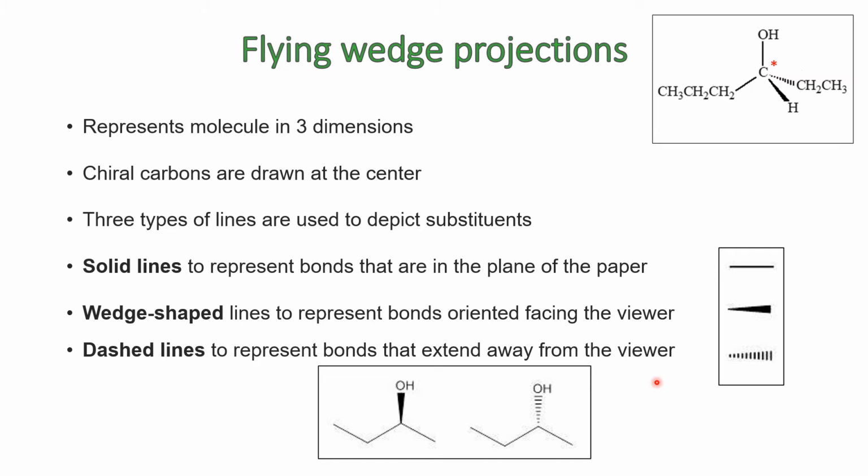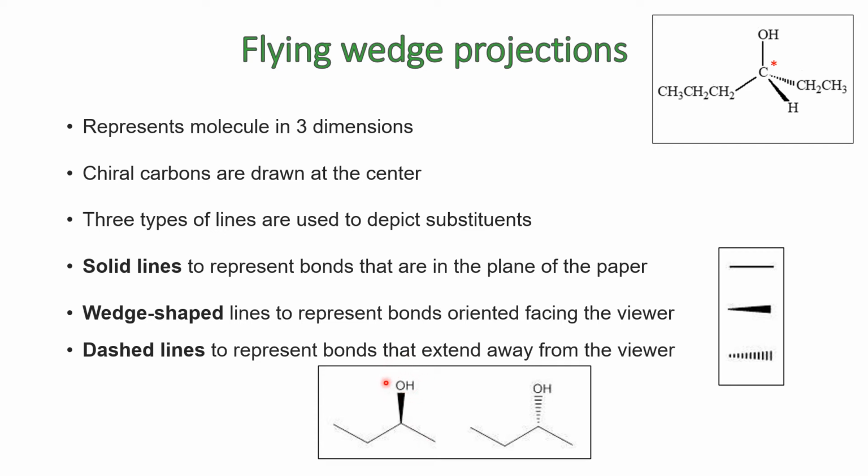So usually in case of showing optically active carbons, this type of projection is very widely used, and all types of lines, that is solid line, dark wedge-shaped, as well as dashed lines, are used to depict the bonds. In case of such examples where you are focusing on any particular substituent, you may show only one of the bonds which is of interest, like in this example, butanol.